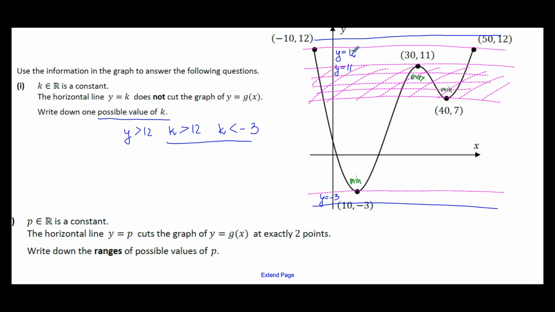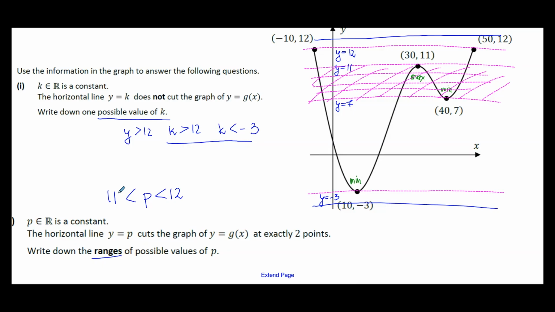And then what's the other value of y? This value of y is 7. So it has to be between 7 and minus 3. So my p-value has to be in a range of possible values. So p has to be less than 12 and greater than 11.